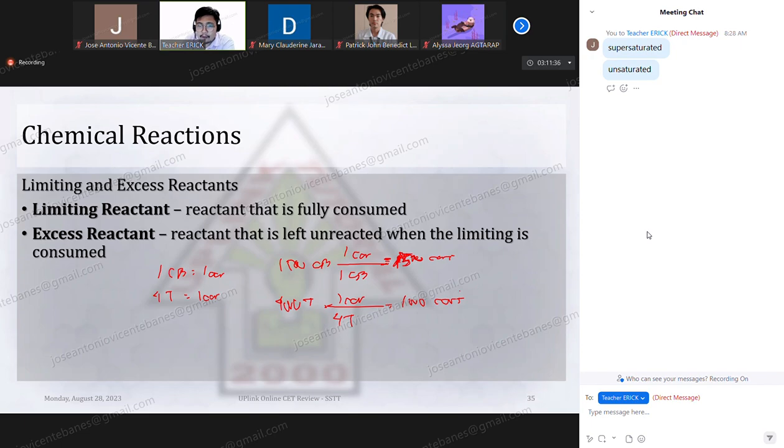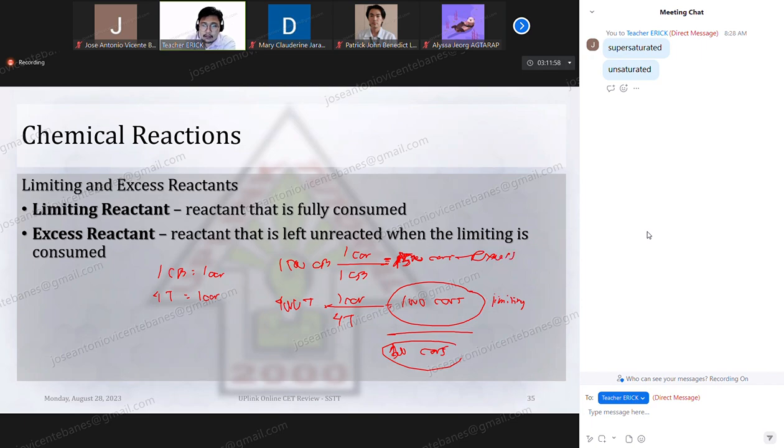So therefore, the 4,000 tires are your limiting. Why? Since all of the tires will be consumed, versus the 1,500 cars there will be an excess of 500 cars in production. And therefore, this is now your excess.